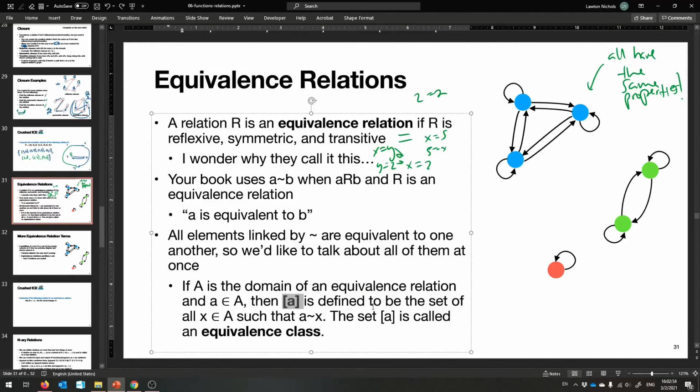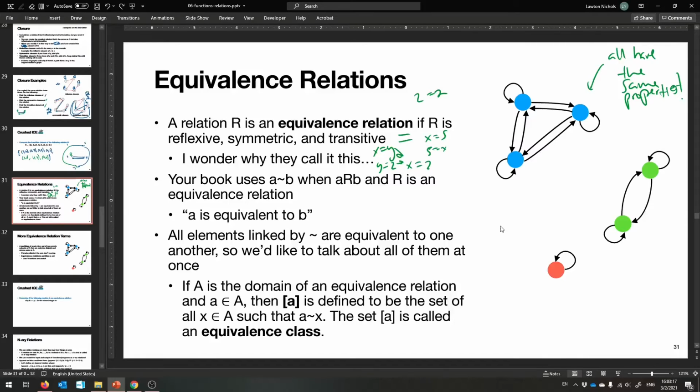That is called the equivalence class. You're using A to get everything that's equivalent to A. In math, this symbol gives you back the set of all things that are equivalent to A.